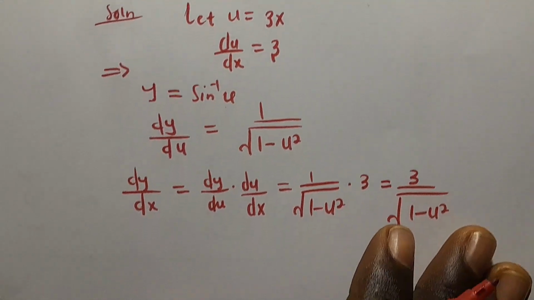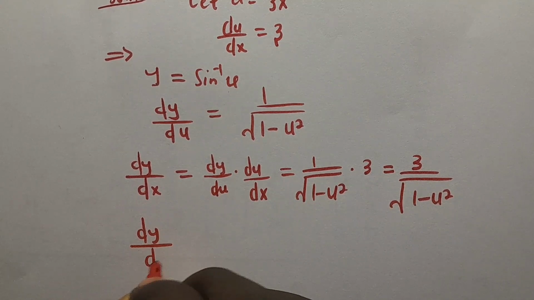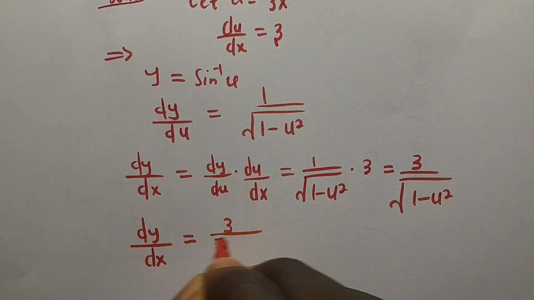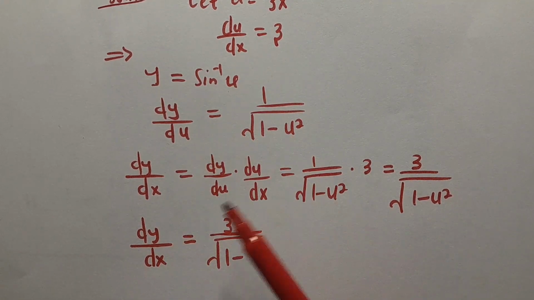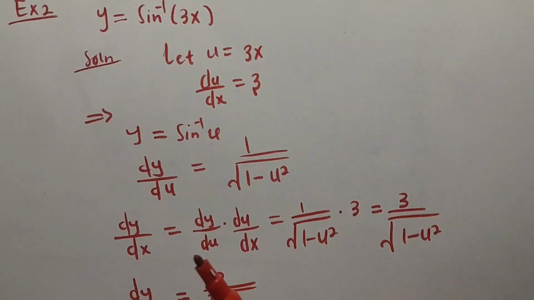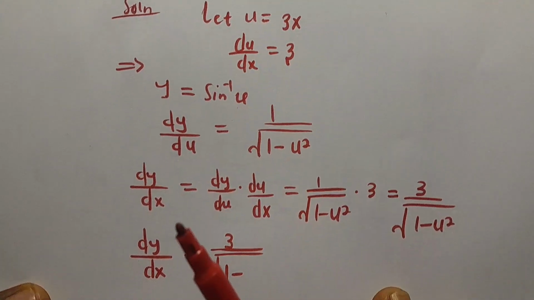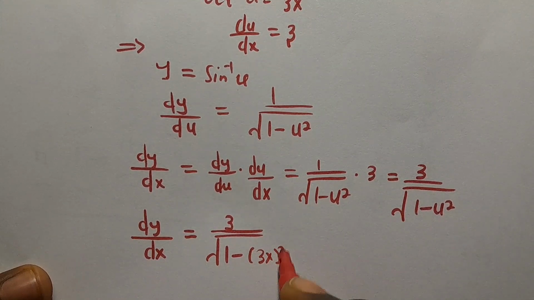And remember that our u equals 3x. So dy/dx equals 3 divided by the square root of 1 minus 3x all squared.